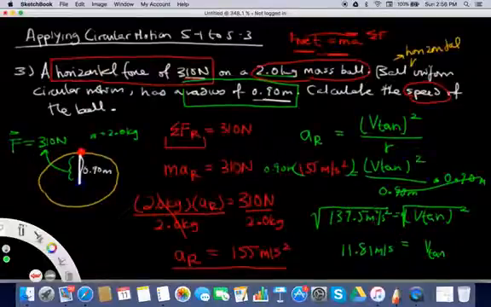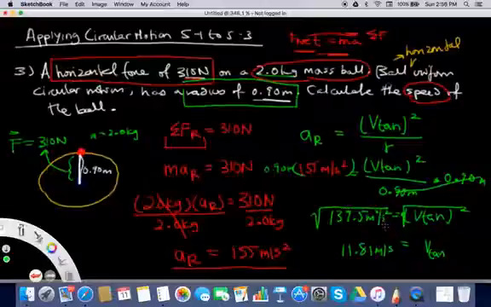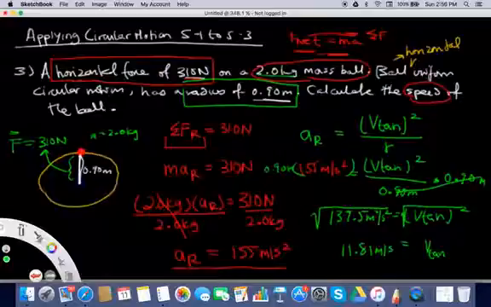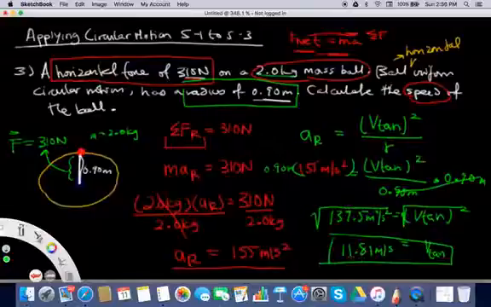And you might say, well, we had meters squared and seconds squared. Remember, the square root of anything squared will just be meters and seconds. The squared and the square root will cancel out. So we're given a tangential velocity, and we've pretty much just solved for everything that we need.